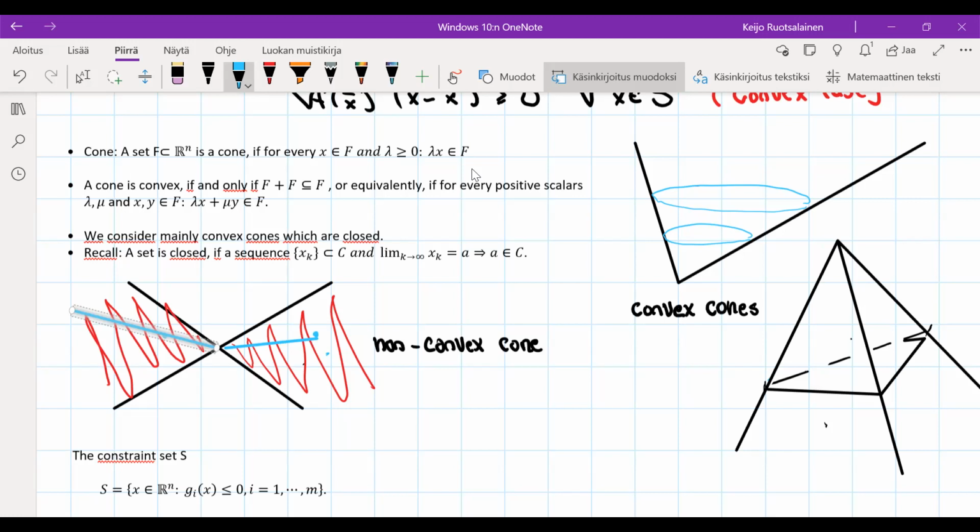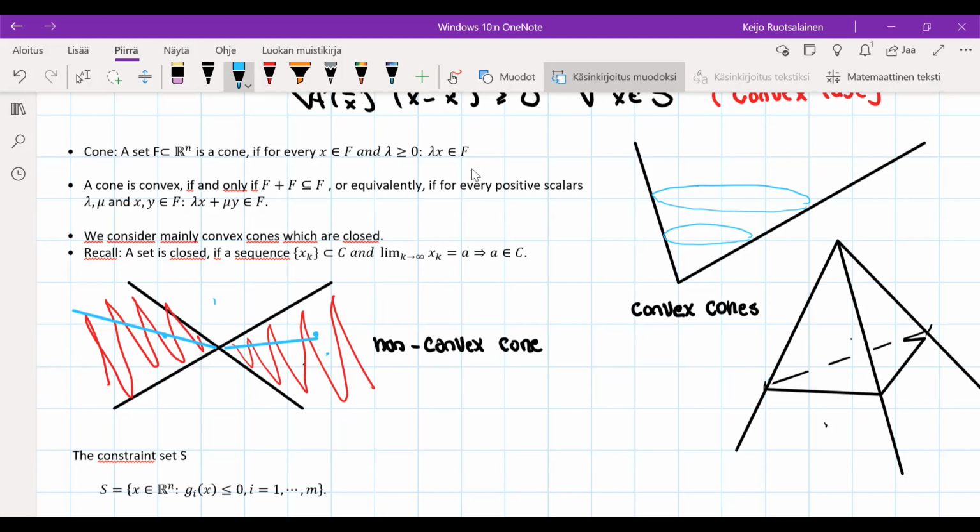But if we have a non-convex cone, so for example, if you take the endpoints of these 2 blue lines and make the suitable addition, the sum is somewhere here, outside the red area.